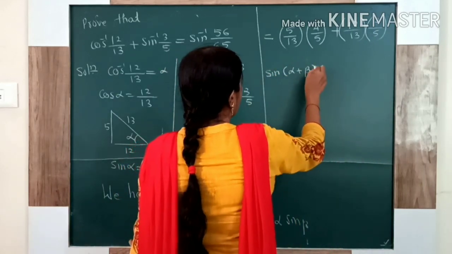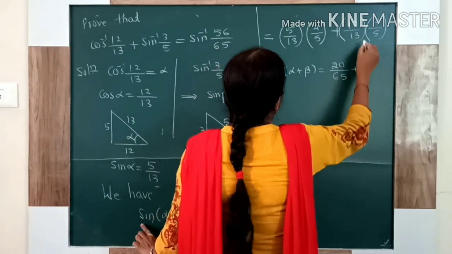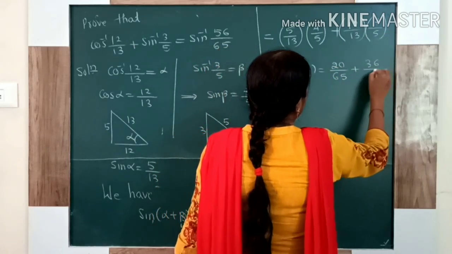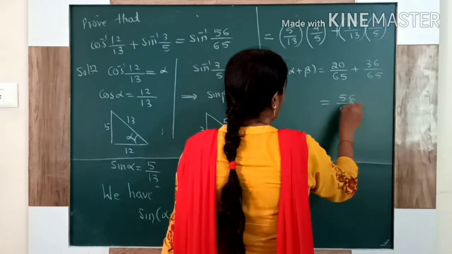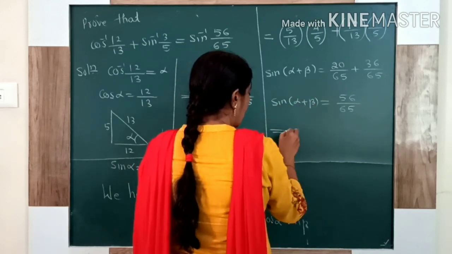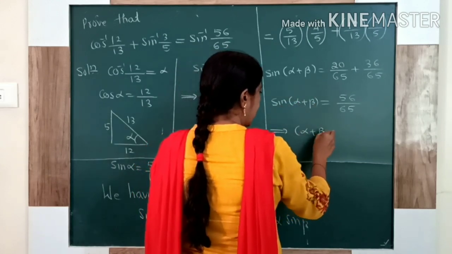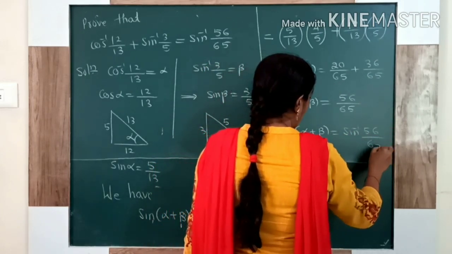Sin of alpha plus beta is 20 upon 65 plus 36 upon 65. Just take the LCM and add. It is sin of alpha plus beta, so alpha plus beta is equal to sin inverse 56 upon 65.